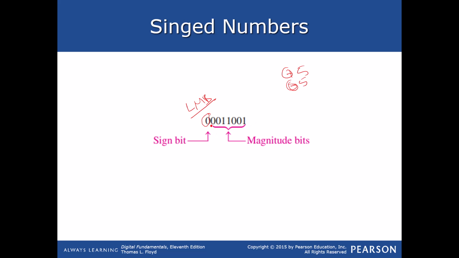You just see here, the number, you take the first bit from the left, and we designate that to be the sign bit, indicating if it is positive or negative, and the rest on the right is called the magnitude. Okay. So in this example, we see this is 0, so we know this number must be positive.